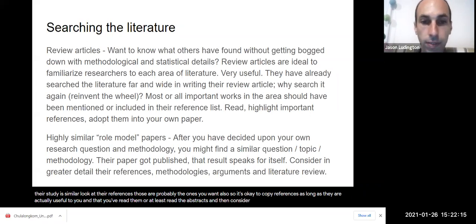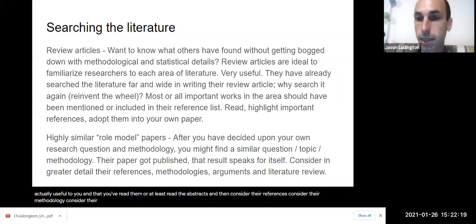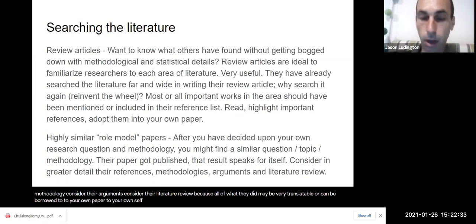Consider their references, consider their methodology, consider their arguments, consider their literature review, because all of what they did may be very translatable or can be borrowed for your own paper, your own project.